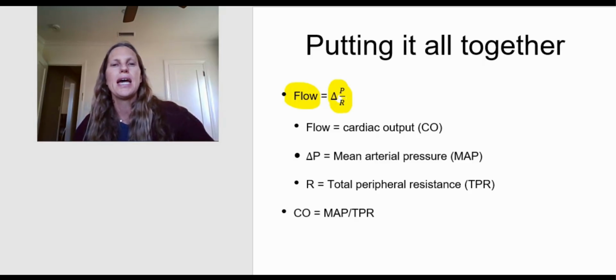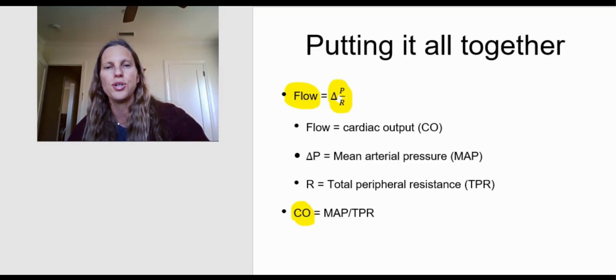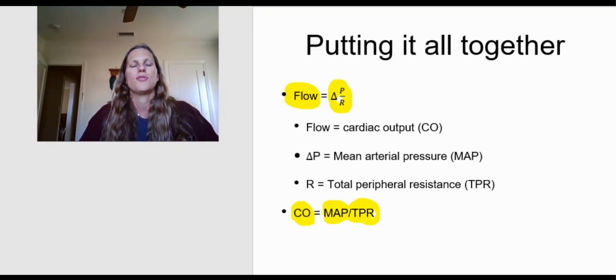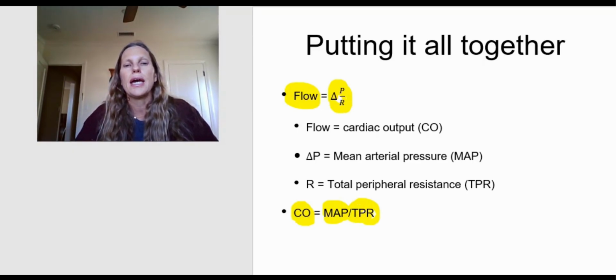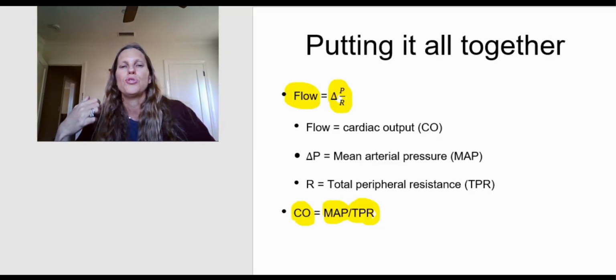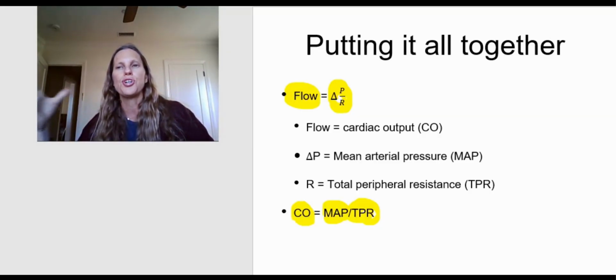So cardiac output is the flow, that's how much flow there is. Cardiac output equals the pressure in the whole system, your mean arterial pressure, divided by your total peripheral resistance. So there you have it all dialed in. Your cardiac output is going to be dependent on the mean arterial pressure in the system divided by the average resistance in the system.